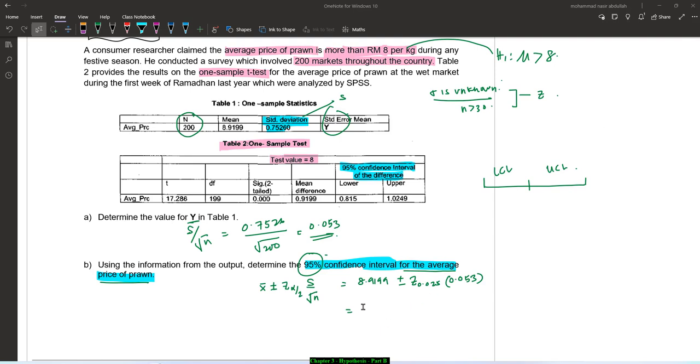So you just substitute the value here. 8.9199 plus minus 1.96 multiplied by 0.053. So what is the answer?